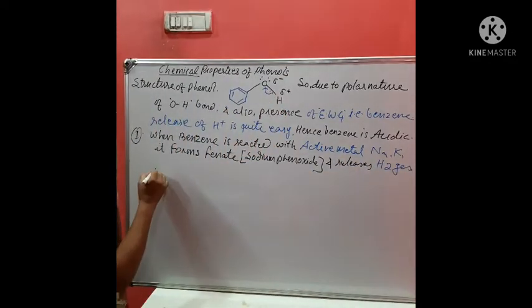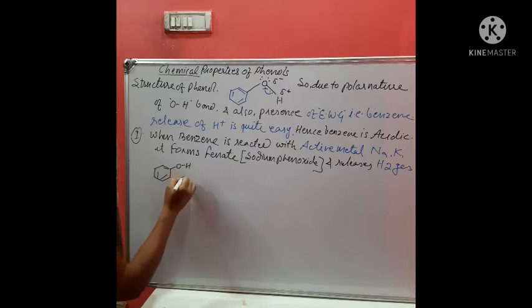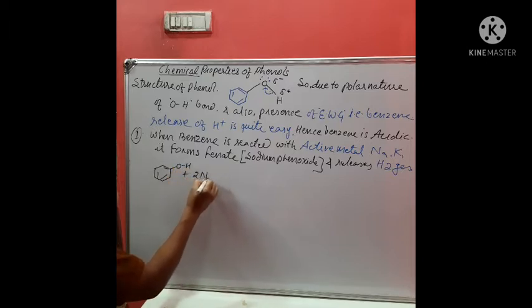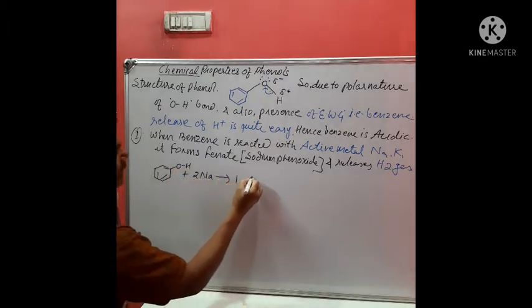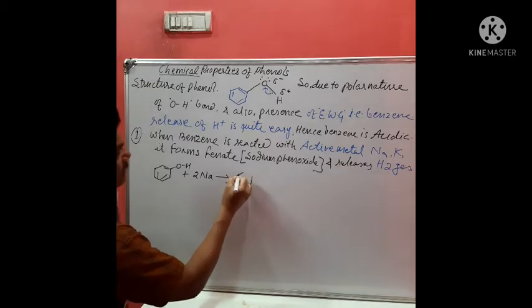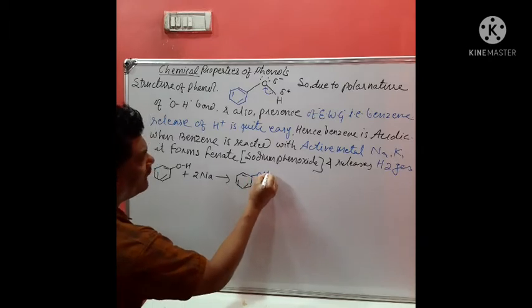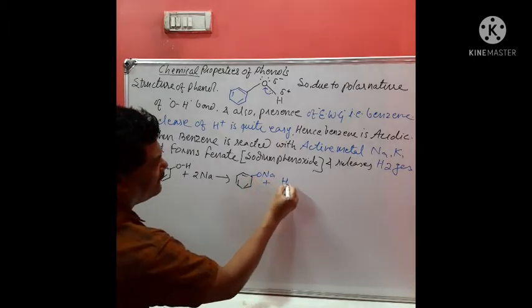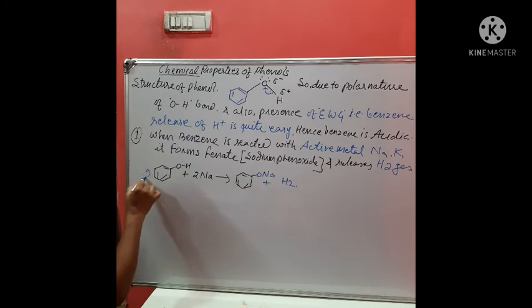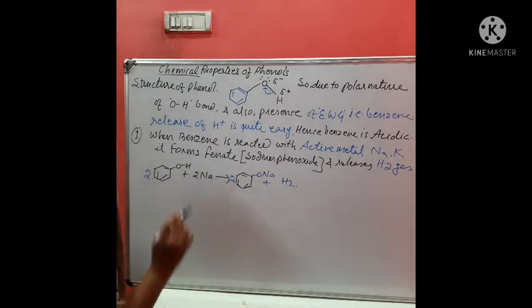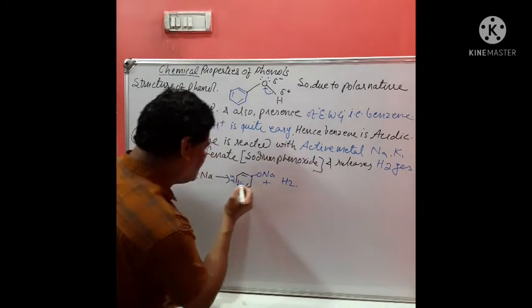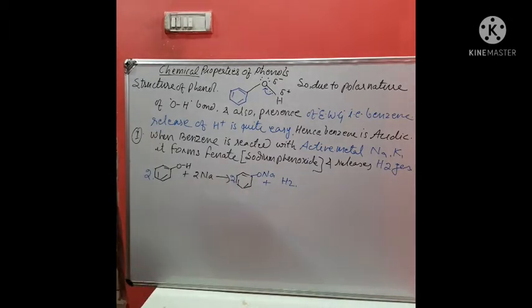Okay, we can write the reaction: C6H5OH plus 2Na forms, I am writing in this way, C6H5ONa plus H2. To balance it, we can write here 2, we can write here 2. So it easily releases what? Hydrogen gas.